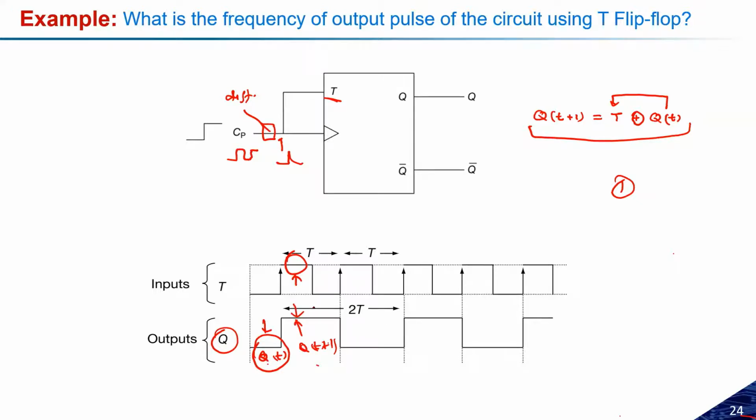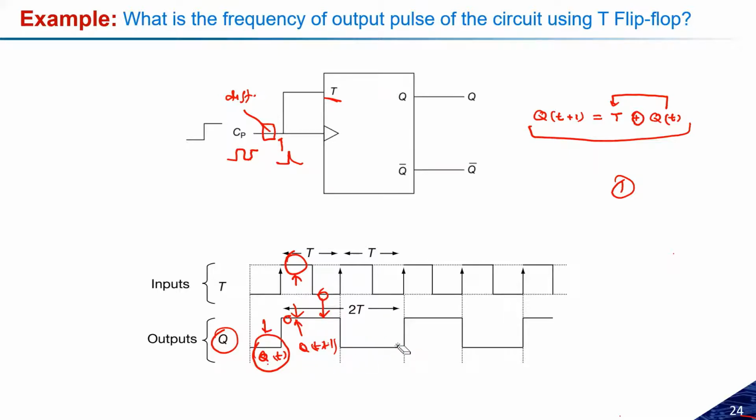Now again, in the next clock pulse, I need to consider the next thing. If you see at this stage 1 and 0, that will give you 1, and you follow a similar procedure to get all these values.